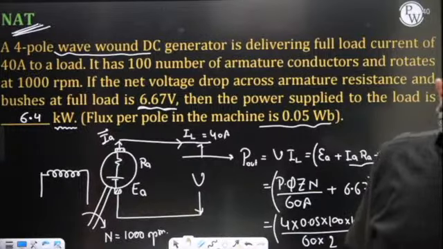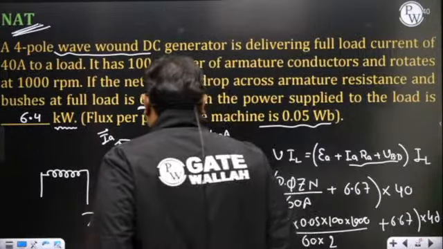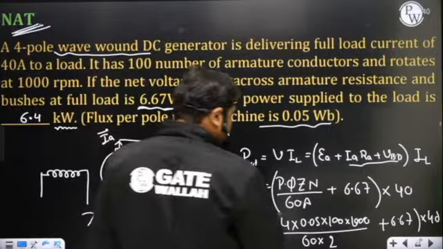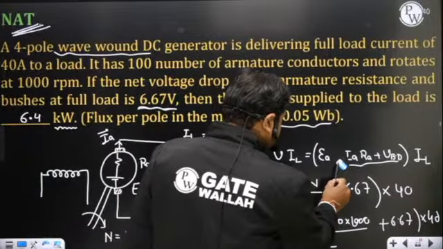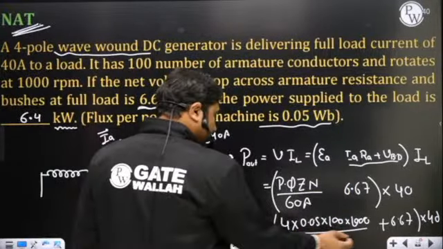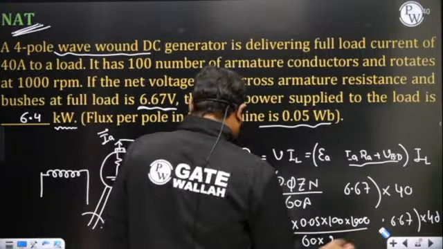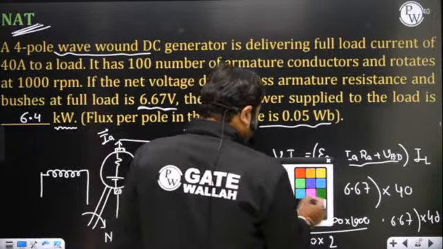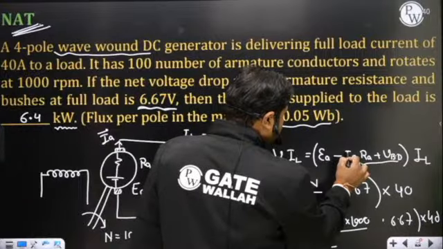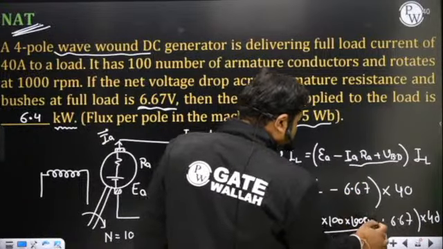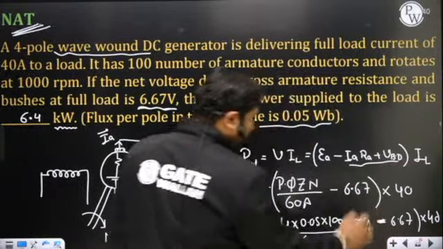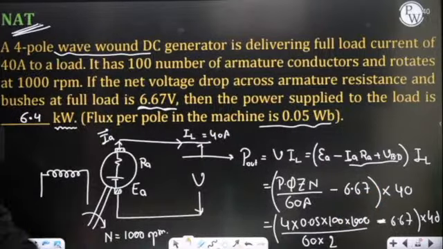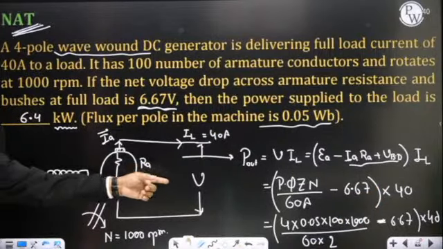Sir, E minus IARA. Yes, you are absolutely right. Sorry for this. This is a drop, E minus IARA. It's a generator. I'm extremely sorry, I do the mistake in the flow, but kindly correct it.